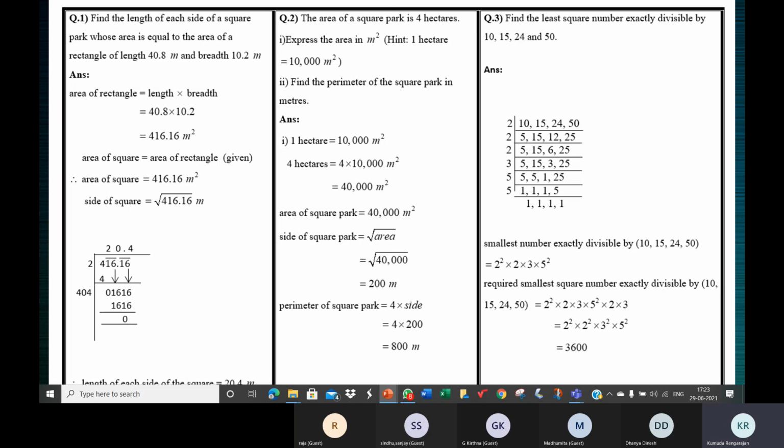And you must be able to show that the area of the rectangle is equal to the area of the square.